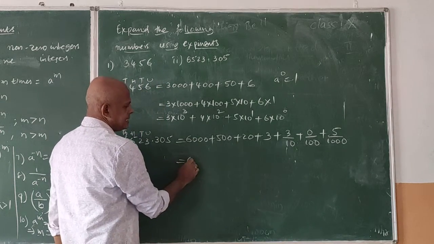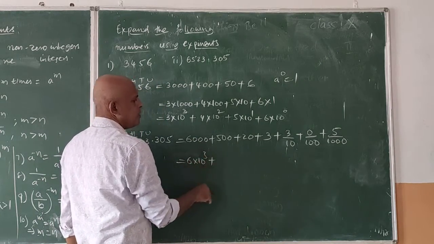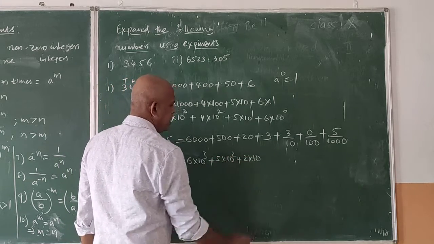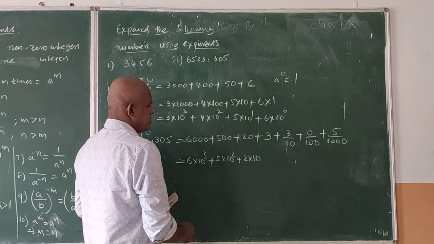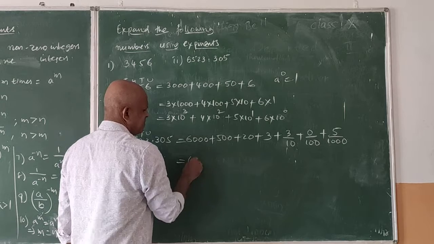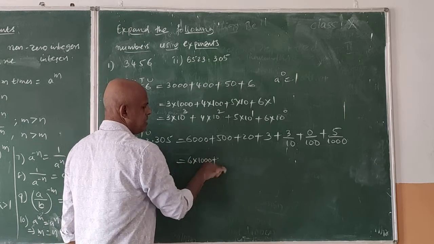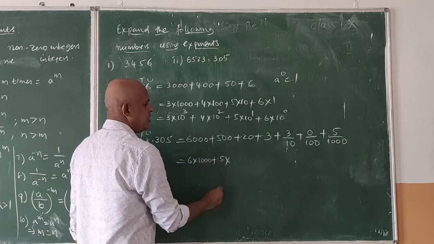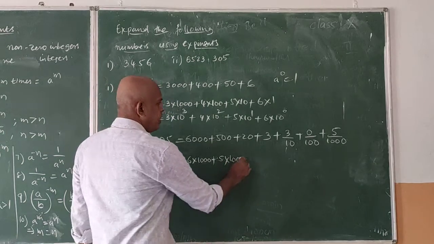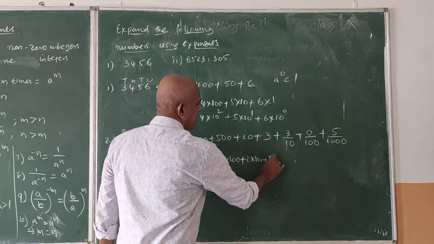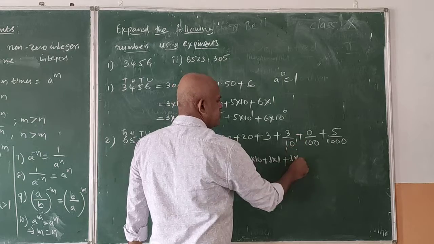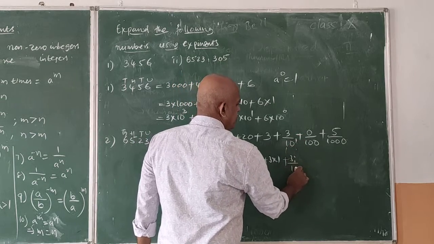Now 6 into 10 to the power of 3 plus 5 into 10 square plus 2 into 10. One more step I will use here. 6 into 1000 plus 5 into 100, plus 2 into 10 plus 3 into 1, plus 3 by 10, which is 3 by 10 to the power of 1.